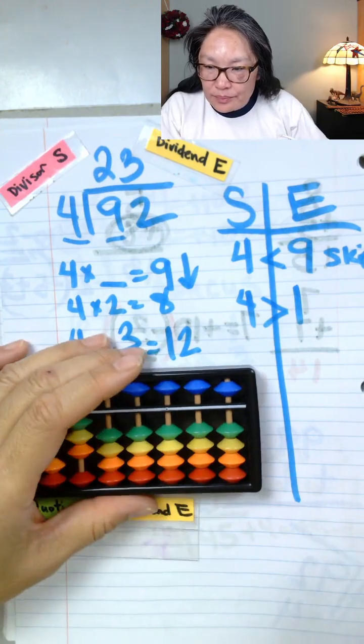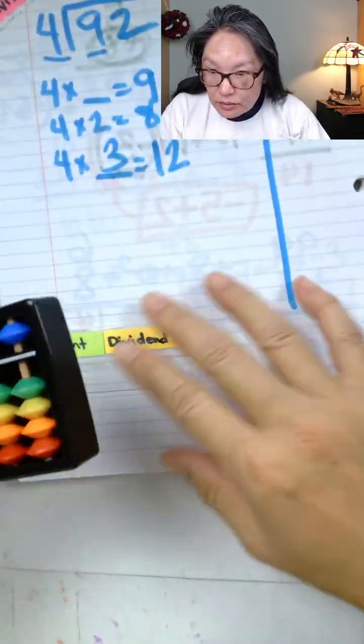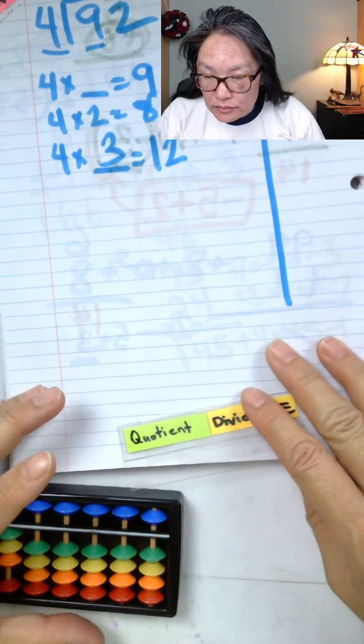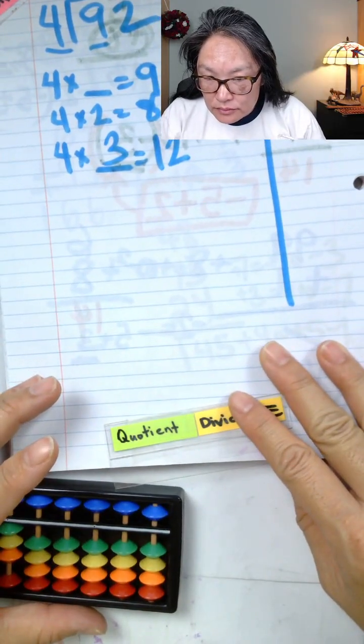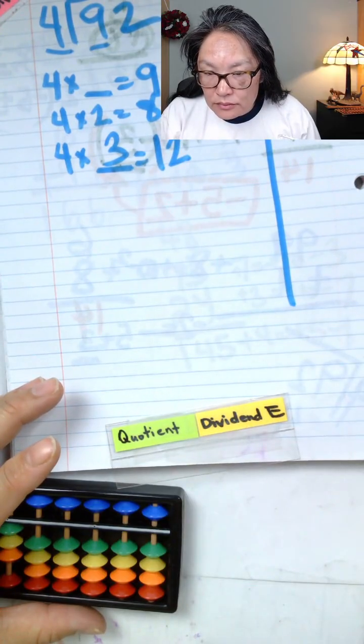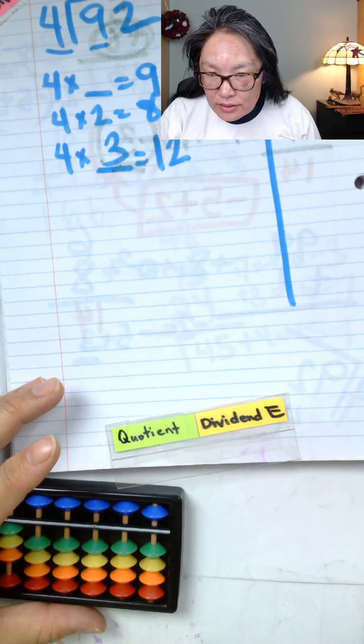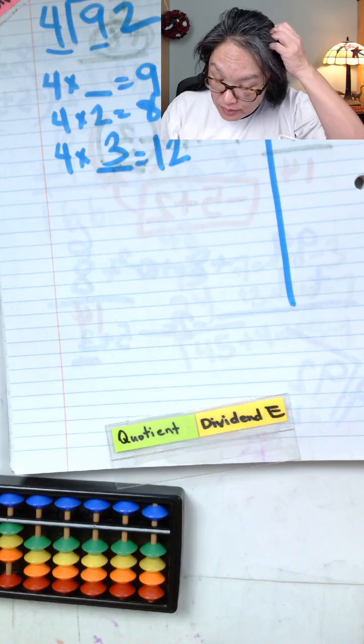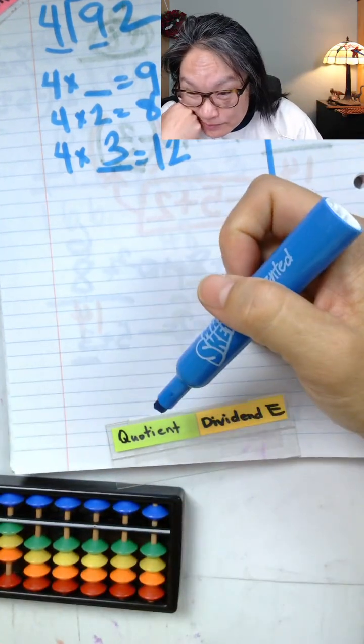Okay, let's do this one. We'll do one more. Oh no, I think it broke it. Okay, let's see if I can do this one. Let's see how tired I am.